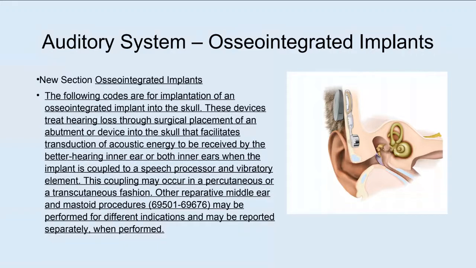This coupling may occur in a percutaneous or transcutaneous fashion. Other reparative middle ear and mastoid procedures can be performed for different indications, and they can be performed separately. So here we have a device implanted and then an outside speech processor.